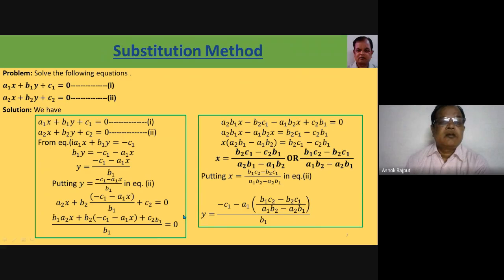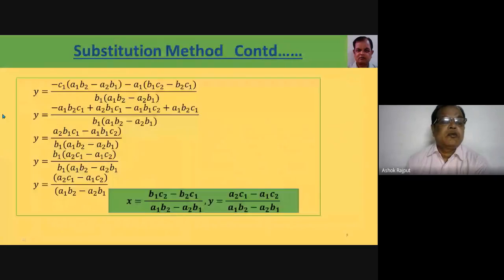So, but working is too much. y equals minus c1 in the bracket, a1 b2 minus a2 b1, minus a1 in the bracket b1 c2 minus b2 c1, because we have taken the LCM, over a1 b2 minus a2 b1.